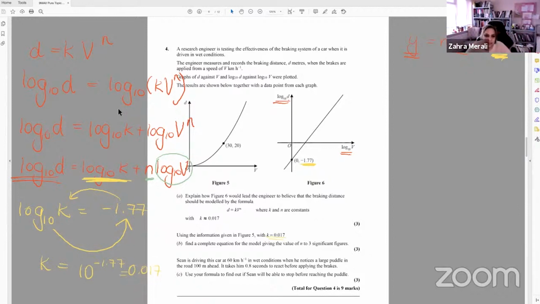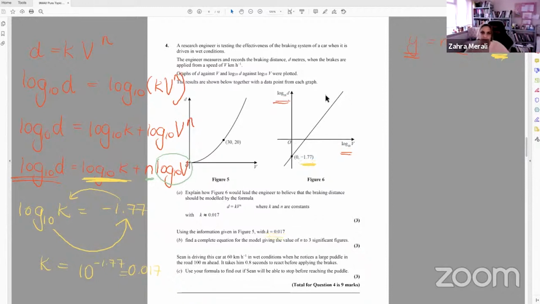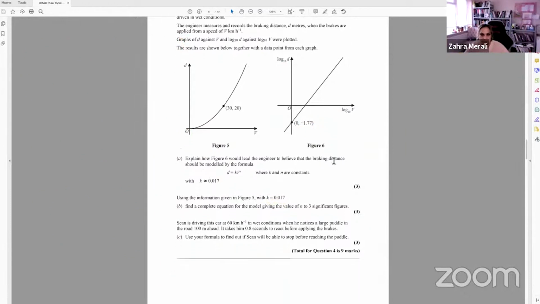And then it says, find a complete equation for the model, giving the value of n to 3 significant figures. So this time we now have a coordinate here. We know that when v is 30, d is 20. So we can plug that into this formula.